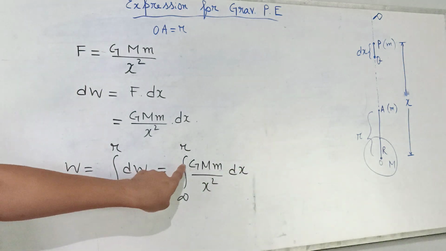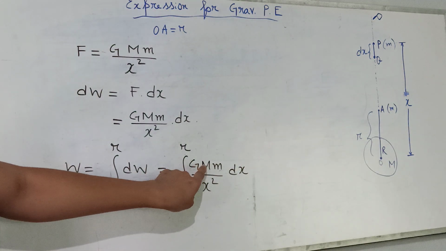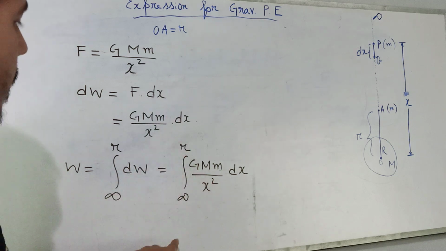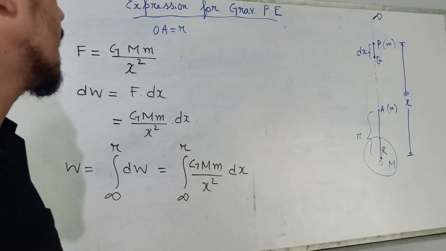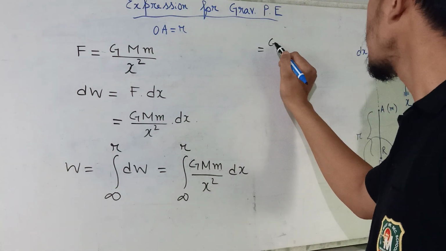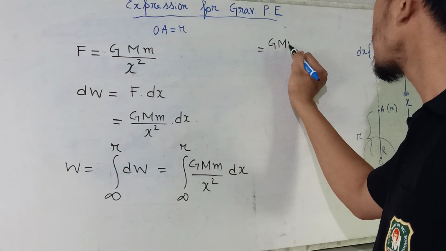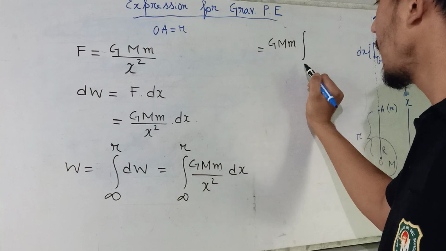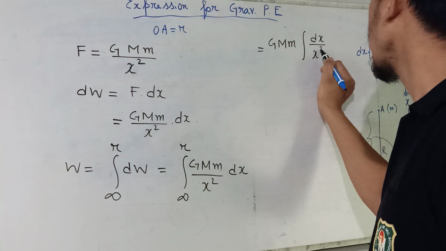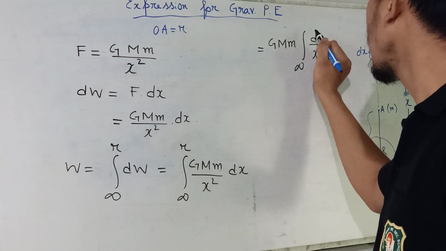Here G is the universal gravitational constant, the mass of the Earth is constant, and the small mass of the body is constant. So we are going to integrate dx by x squared between the limits infinity to r.